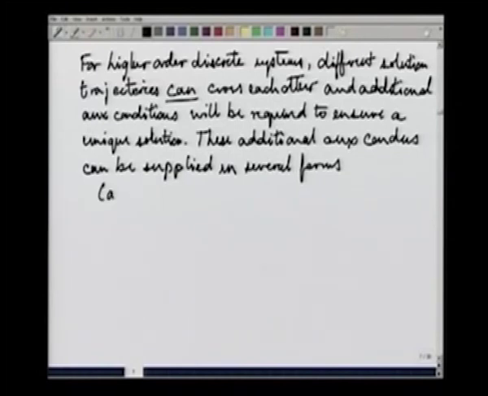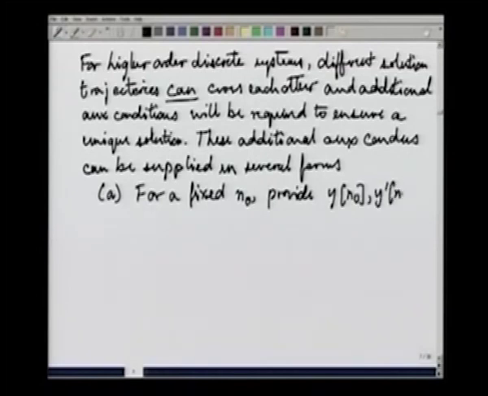Such as A, fix an n naught, for a fixed discrete time instant n naught, provide y n naught, y dash n naught, etc. That is one way of doing it.